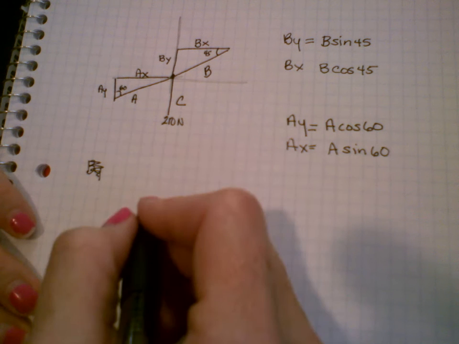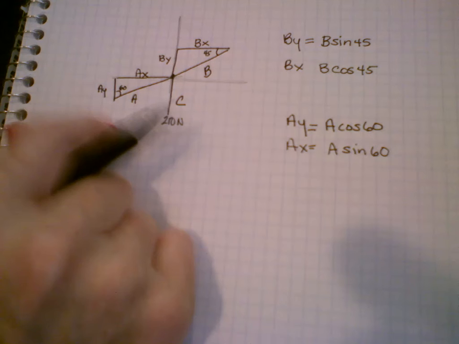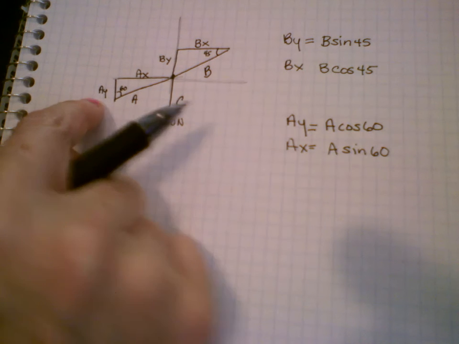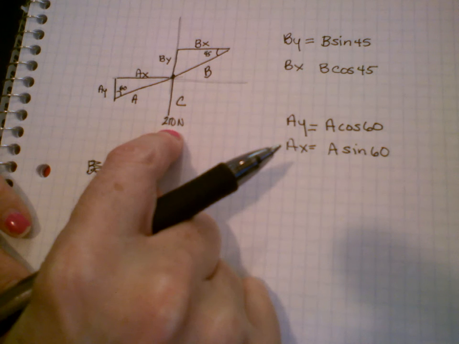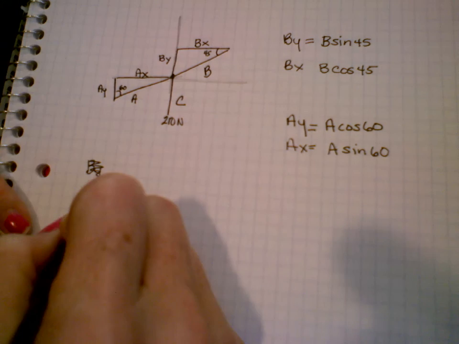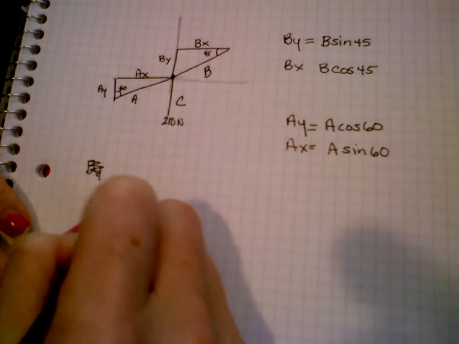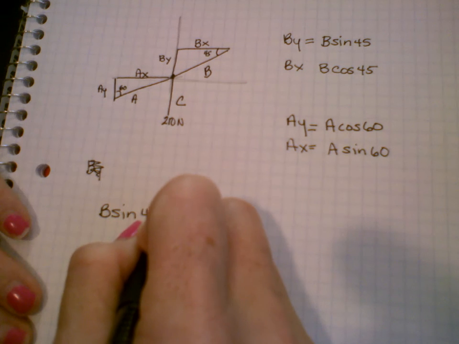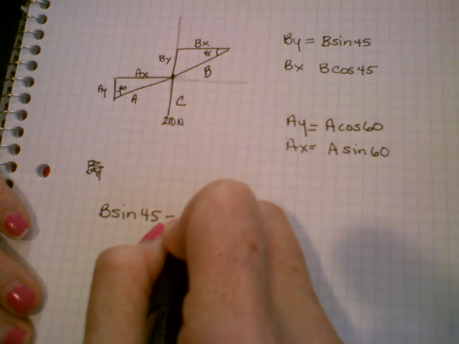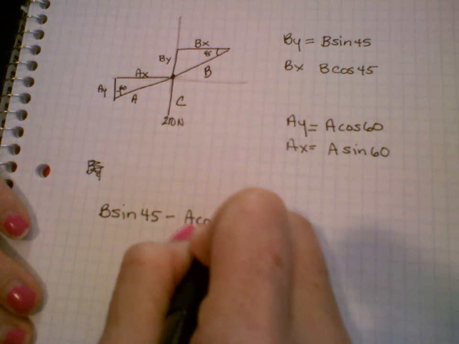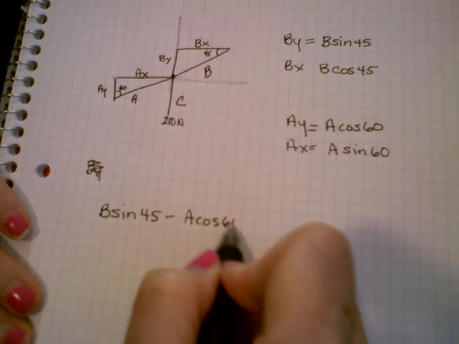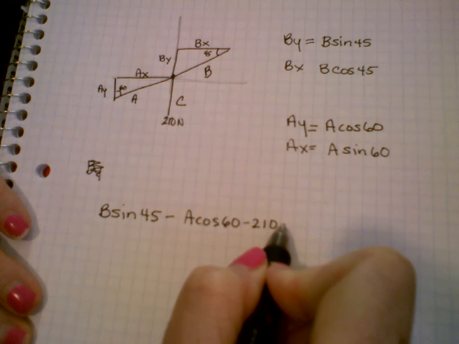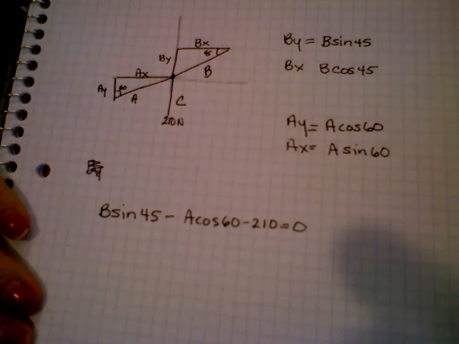So to combine these, we have to take B sub y and then subtract A sub y and 210 to get 0. So B sine 45, and then you subtract A cosine 60 and 210 to get 0.